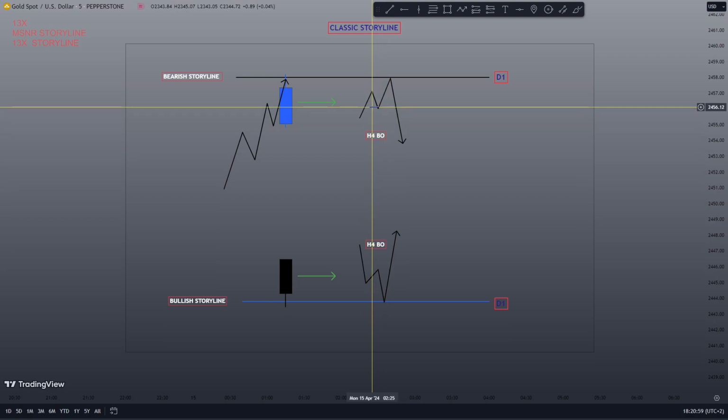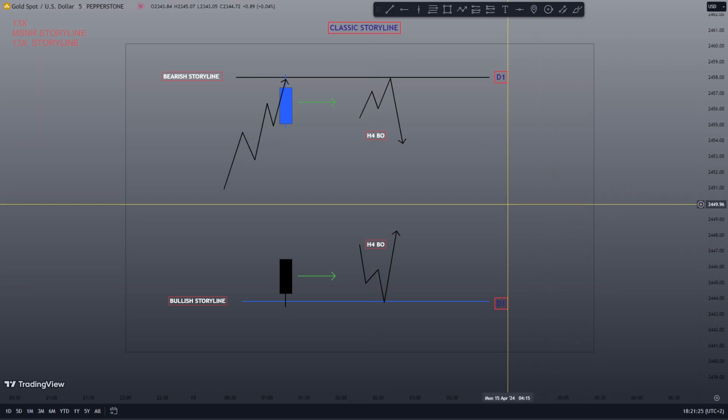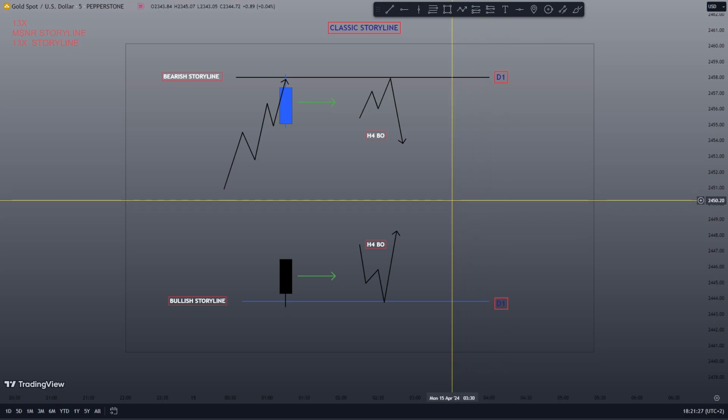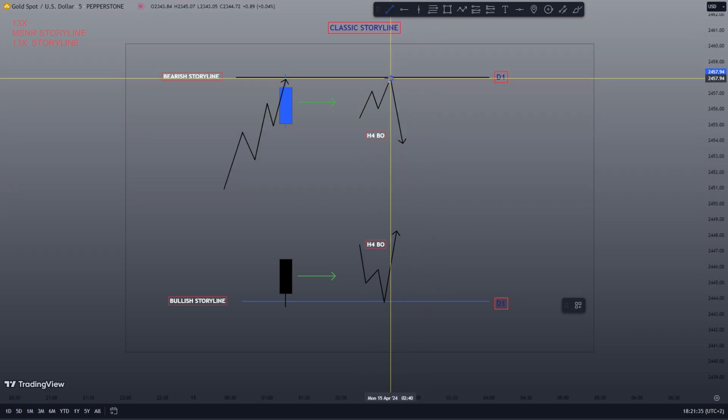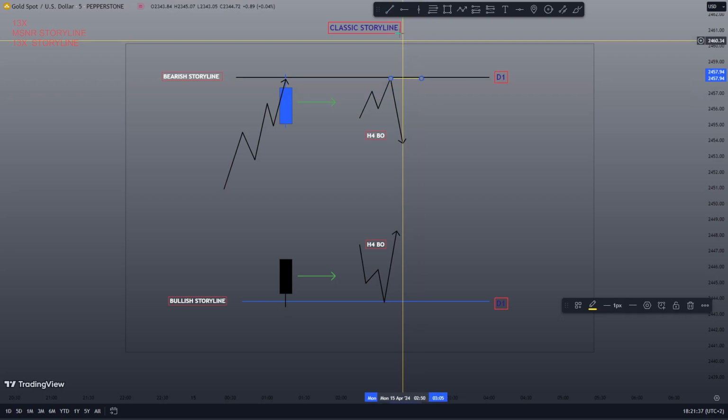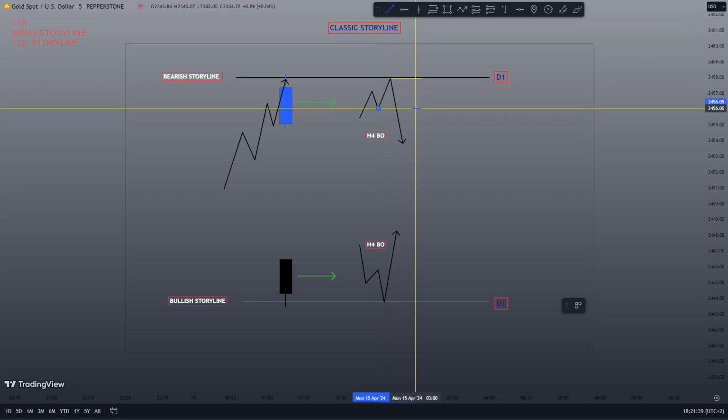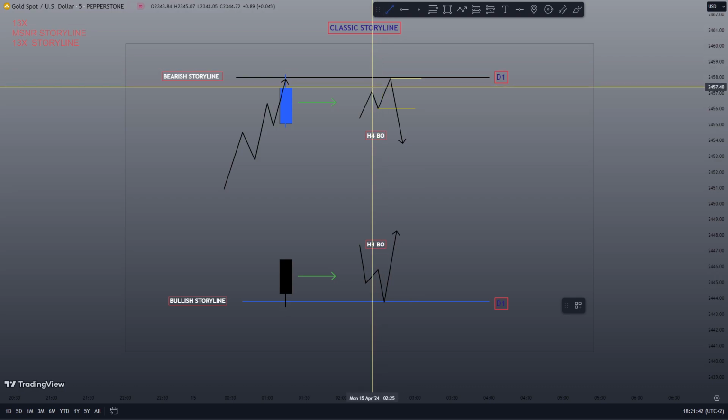We need to see them getting broken. So after seeing the break, the last V level got broken, then price will print some levels on H4.